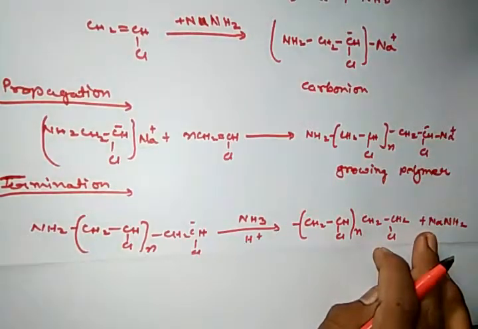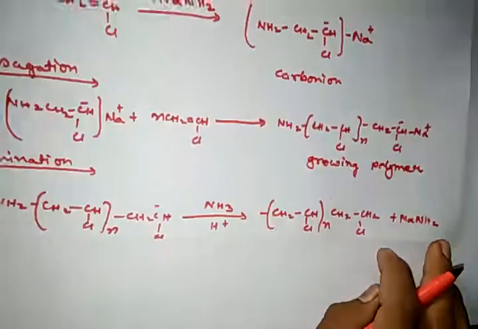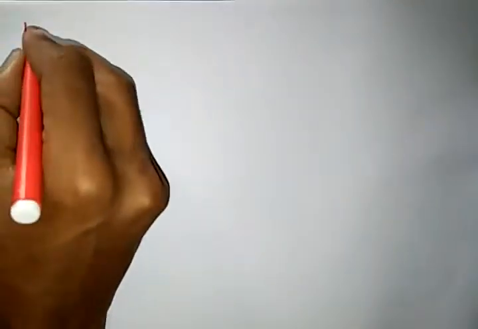Anionic polymerization is a specific polymerization because one question related to anionic polymerization is most of the time asked, and this question is what is living polymerization.